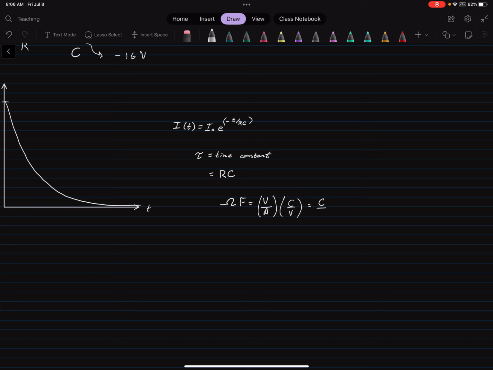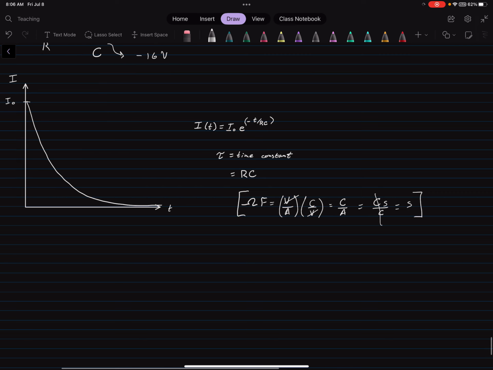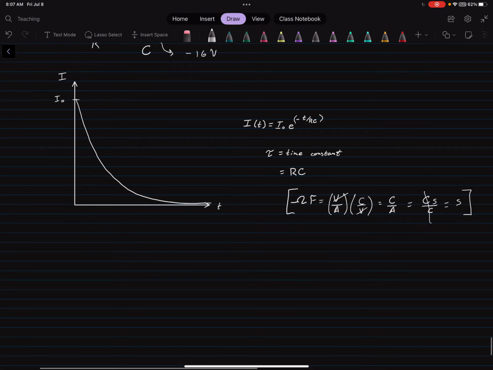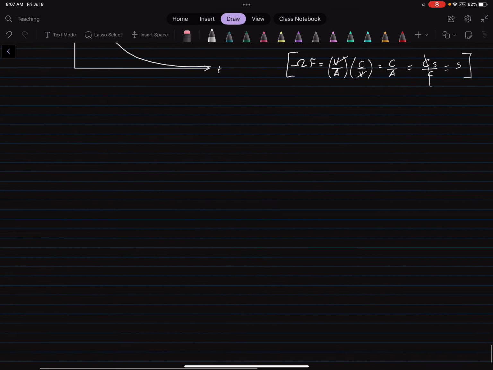It's equal to C over A, right? Because the V's cancel, which is, amps is coulombs per second, so that's coulomb seconds per coulombs. Coulombs cancel, and so you're left with seconds. And so it is indeed a time quantity, this R times C, and so it's oftentimes called the time constant of the circuit.